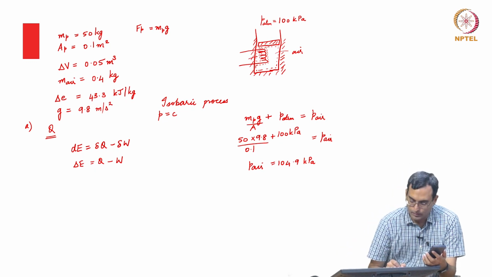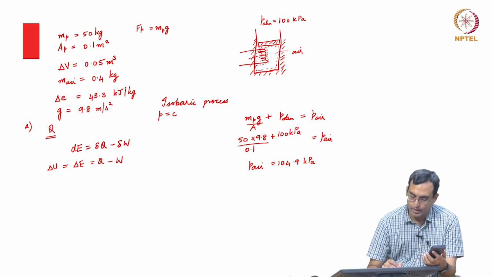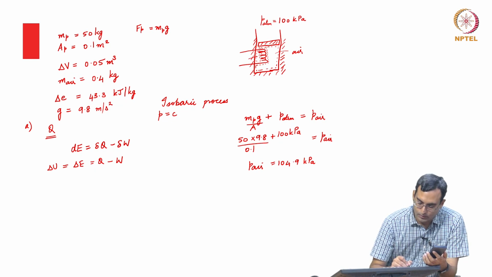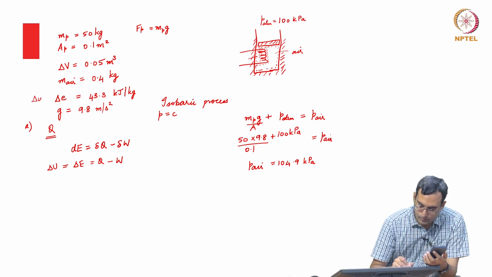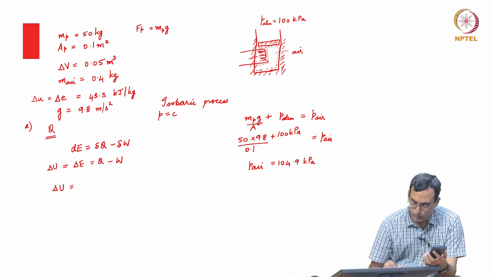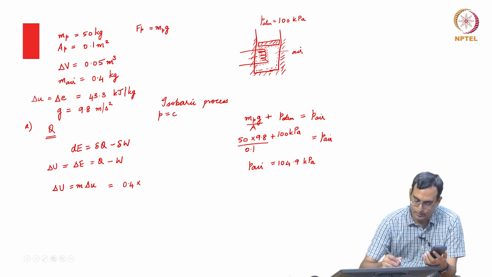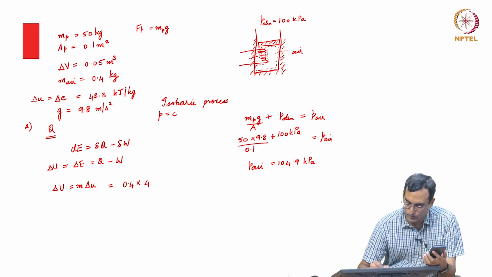So in this particular case, when I have only air as a system, I can write delta U, which is given as 43.3. Delta capital U would be m into delta small u. The mass of the air is 0.4 kg, into the change in energy 43.3. This would have units of kilojoules.